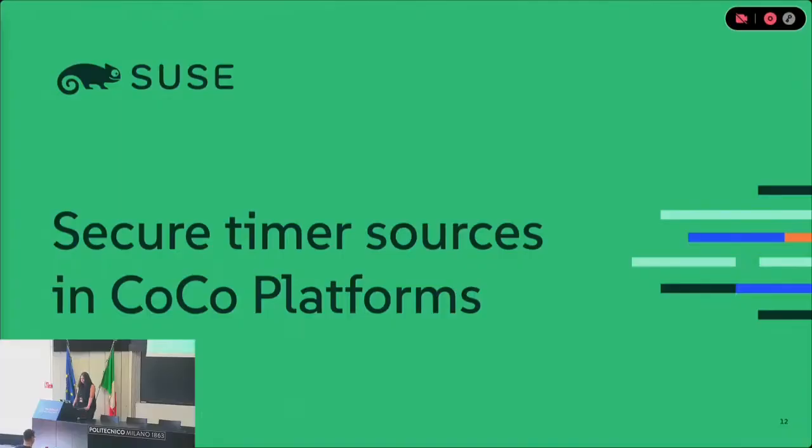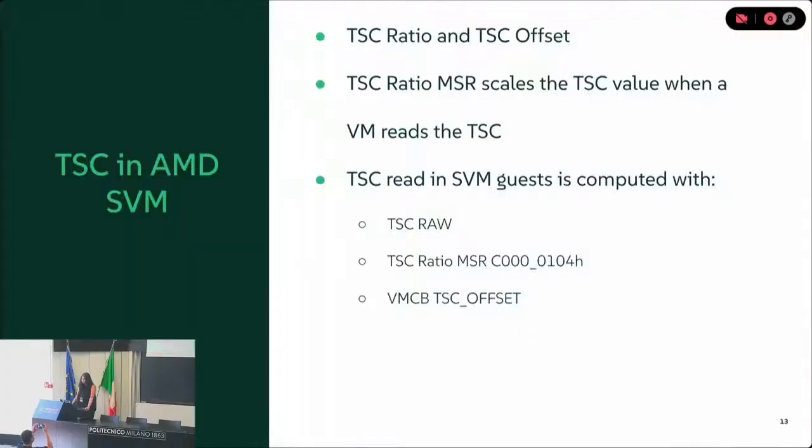So what do we have with respect to secure time sources on COCO platforms? I'll mostly cover only x86 here. If we talk about TSC in AMD SVM, AMD SVM has two parameters, TSC ratio and TSC offset, and that basically controls the VM's view of the TSC. The value in the TSC ratio MSR scales the TSC value when the VM reads the TSC.